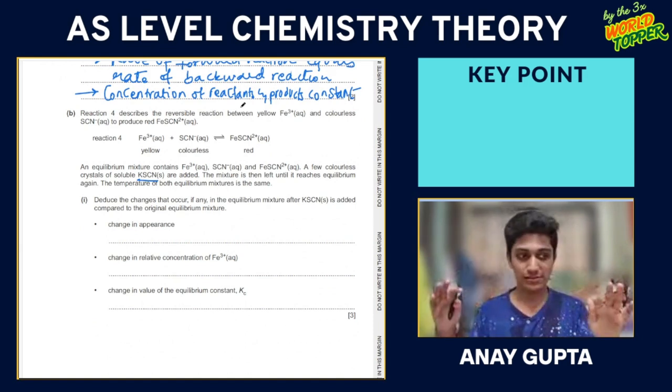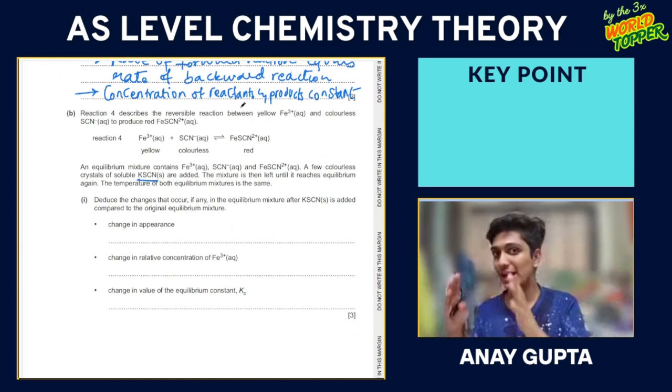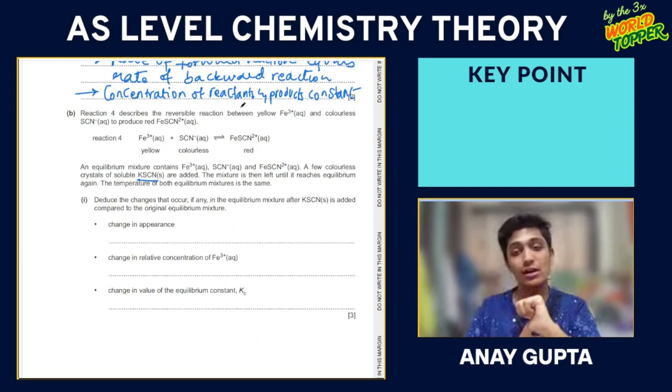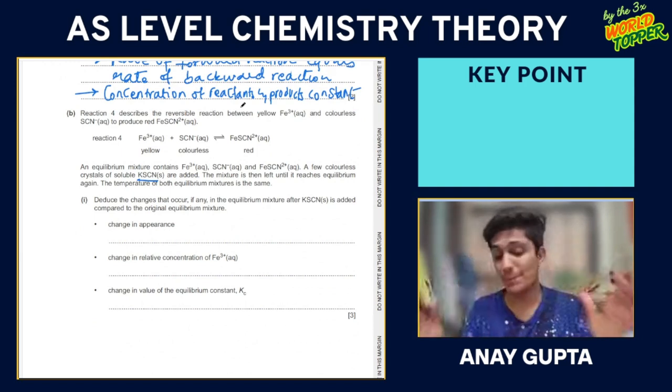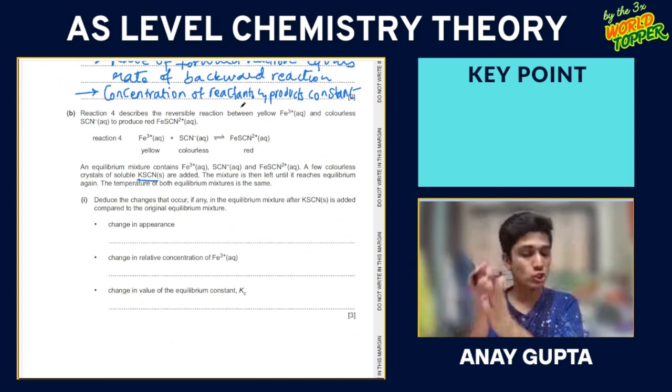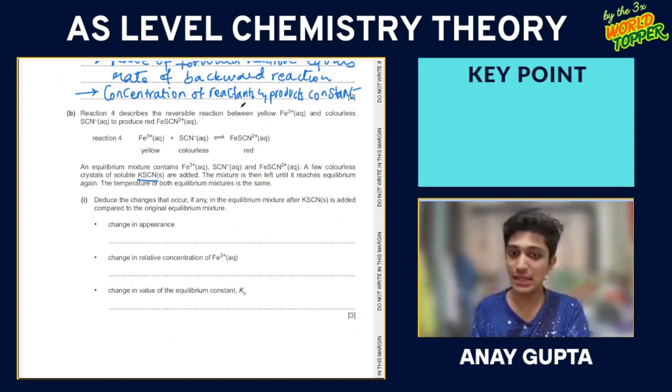Okay, if the temperature is the same, that means temperature as a factor affecting equilibrium is taken out. We don't know the pHs of these solutions, so we also take that out of the equation.